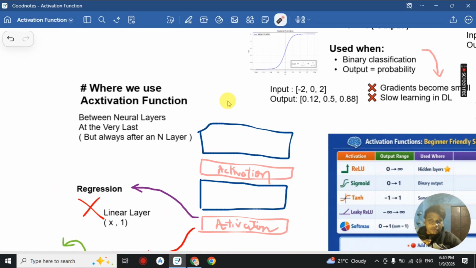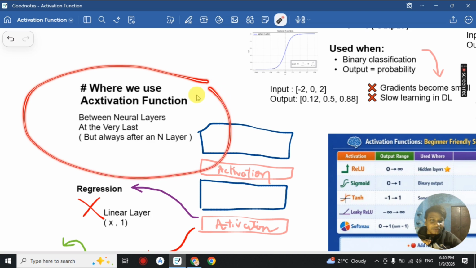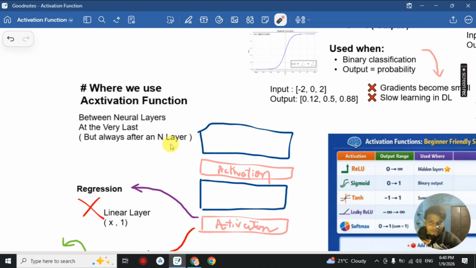Now your question will be where we use an activation function. An activation function is always used either between the layers or at the final output. It is never used before the artificial neural network layer.